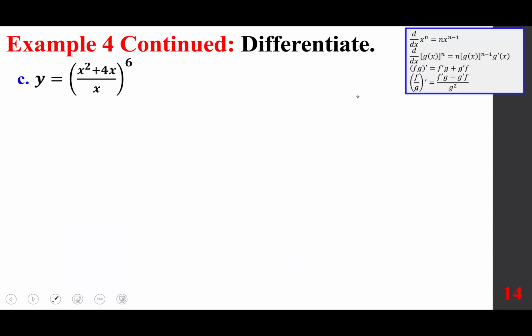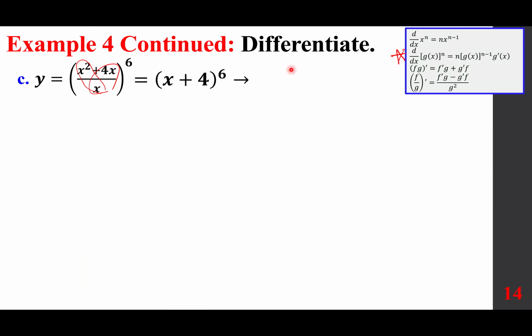You want to differentiate this, and there is no reason to use the quotient rule. You notice that if you divide these two, you get x. In other words, make up two fractions. And these two will give us 4. So we have x plus 4 to the power of 6. And now we can use the extended power rule on that.